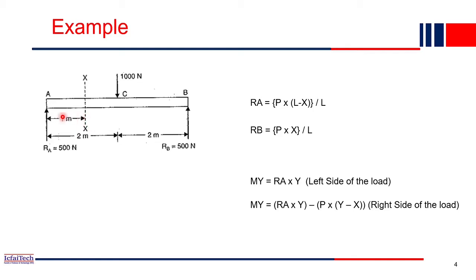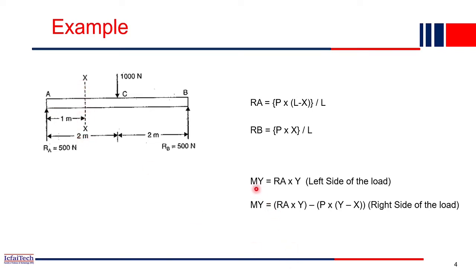Let's take the left side, because on the left side of XX only one load is acting, which is nothing but a reaction force. The moment is force into distance. So the force is Ra into the distance from here to here.